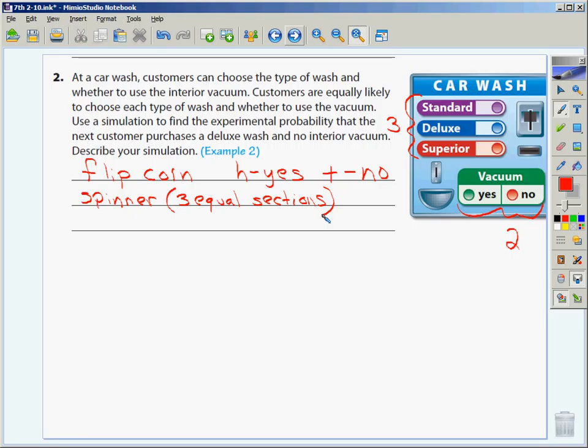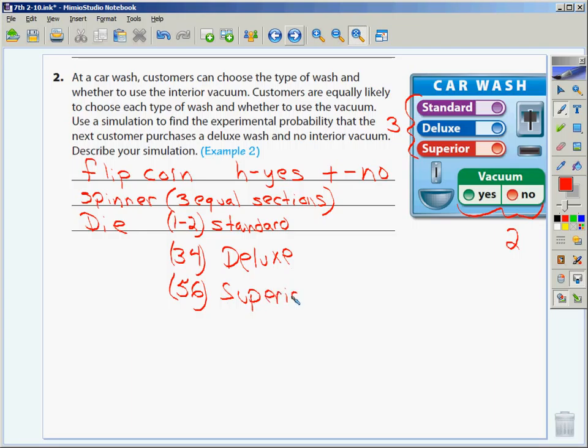A die has 6 sides, but I could let 1 and 2 represent standard, 3 and 4 represent deluxe, and 5 and 6 represent superior.